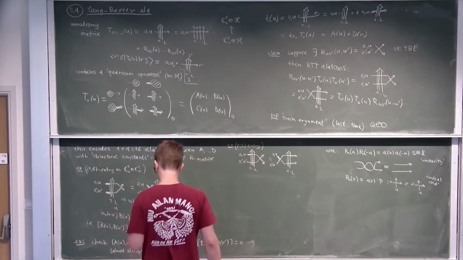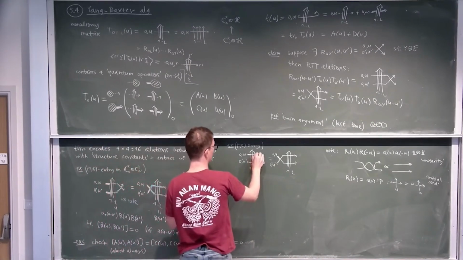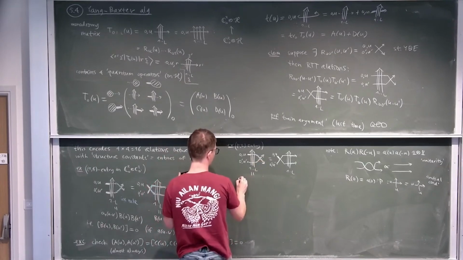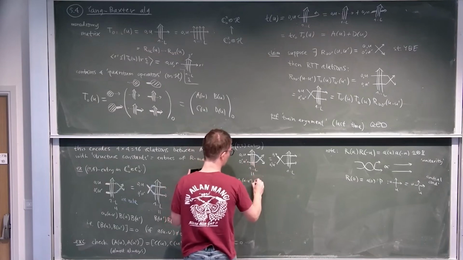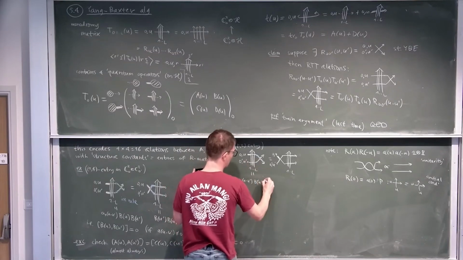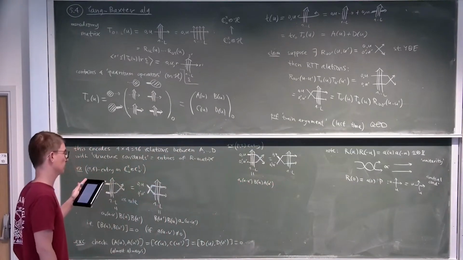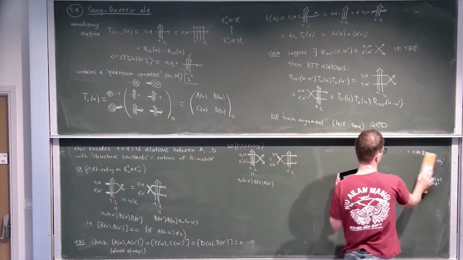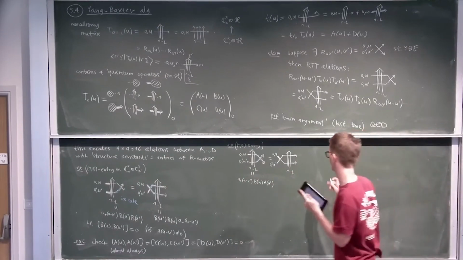So again, we can use the ice rule to see that on this side, the dotted line is going to propagate through the vertex. On this side, we directly have, if I'm very careful, A plus of u minus u prime. Then we have a B operator of u, and now we have an A operator of u prime. But on the other side, there are now two possibilities for our vertex.